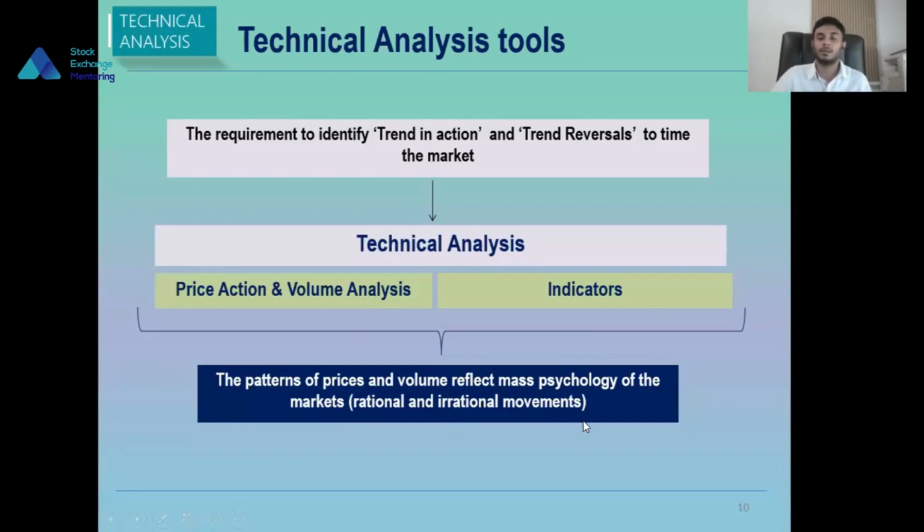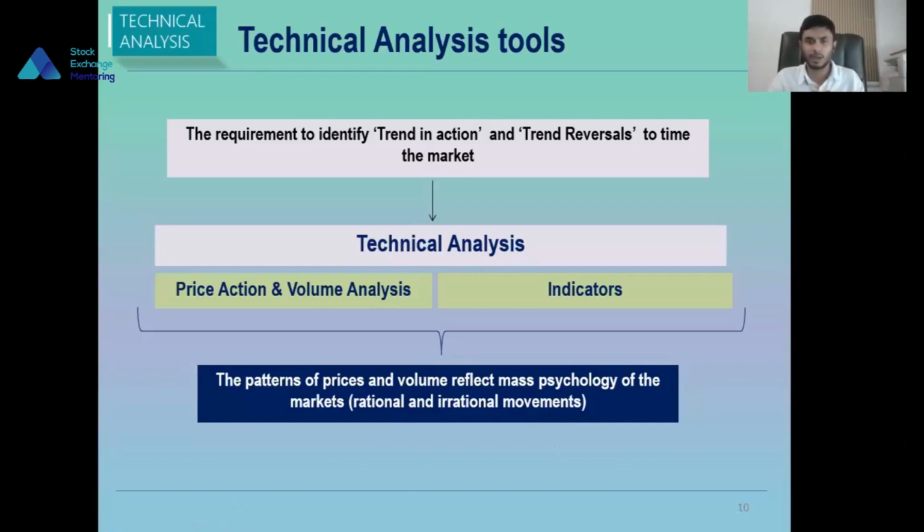Sometimes, even if you have the best idea of where the market should go, let's say for a particular stock you have a feeling and you have read all the reports and everything, it's at 50 rupees, it should go to 100 rupees. And if it doesn't go up from 50, it starts falling down from 50 to 40 to 30.